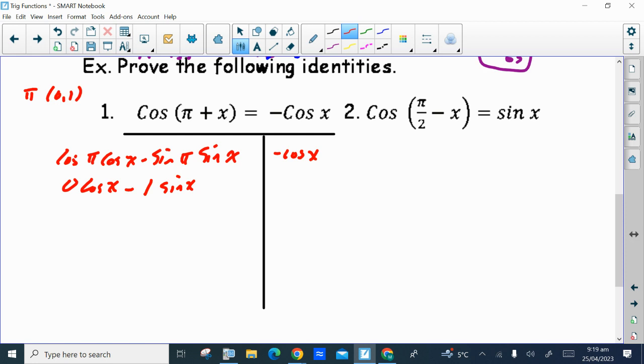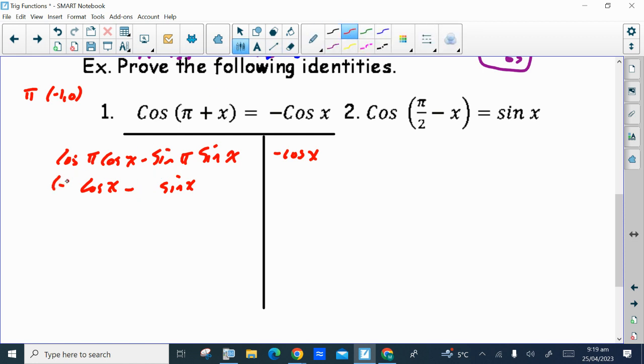I'm sorry, I got that backwards. At pi, it's negative 1, 0. I apologize. I was thinking pi over 2 in my head, but it's actually pi. Negative 1, 0. So that's going to change these values.